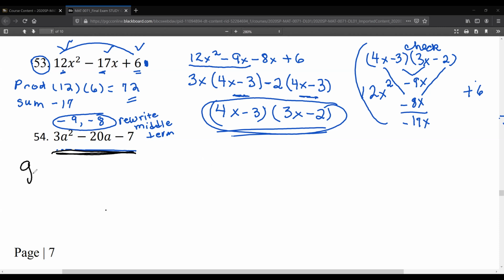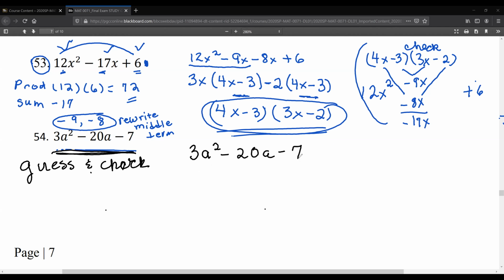So let's do a guess and check. We have 3a squared minus 20a minus 7.